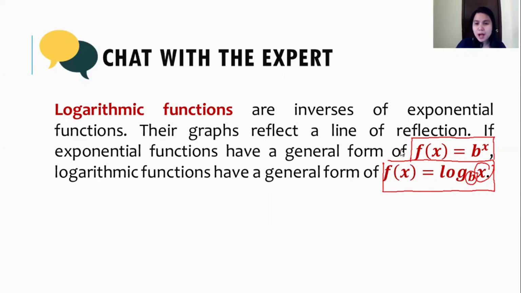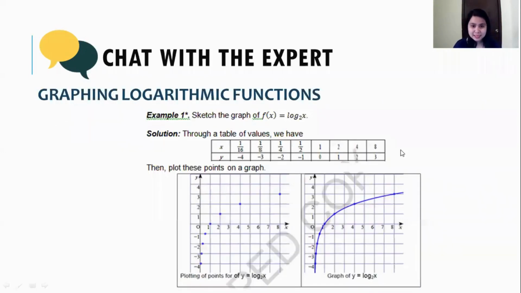Now, how could they be seen in graphs? You'll see the sample. This is the graph for a logarithmic function. If we have its exponential function of base 2 to the power of x, here's how it will look like.